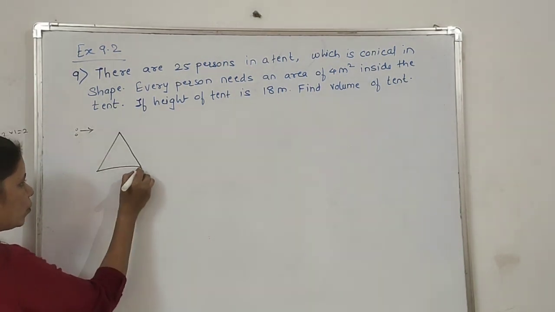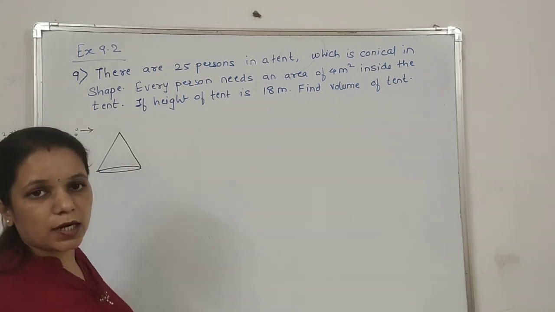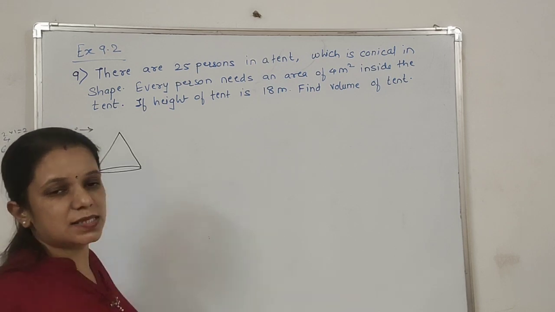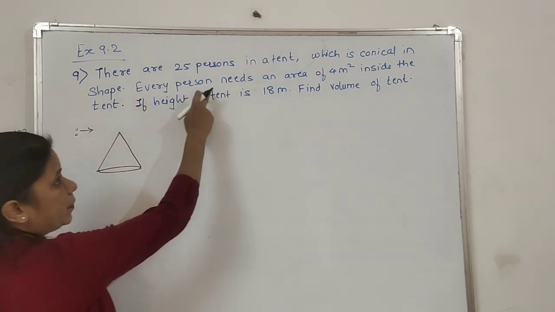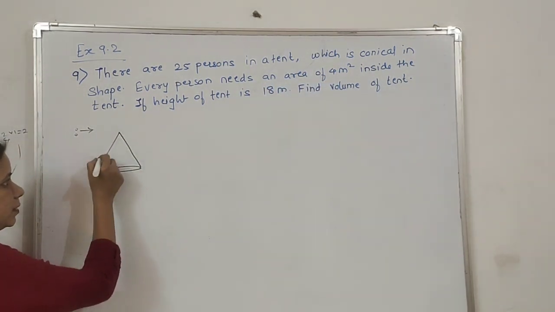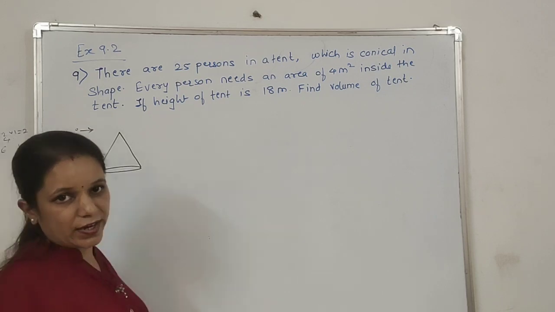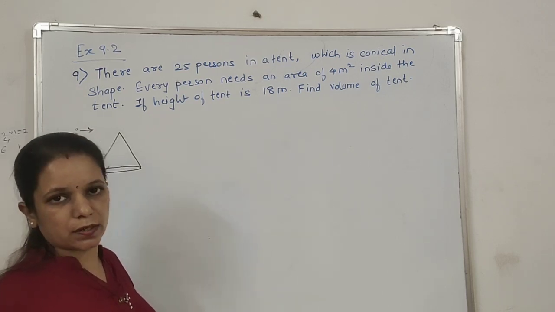It is in the form of cone. And here in this tent there are 25 persons inside. So that is volume. Every person needs an area of 4 meters square. So inside this tent there are 25 persons and each person needs 4 meters square.